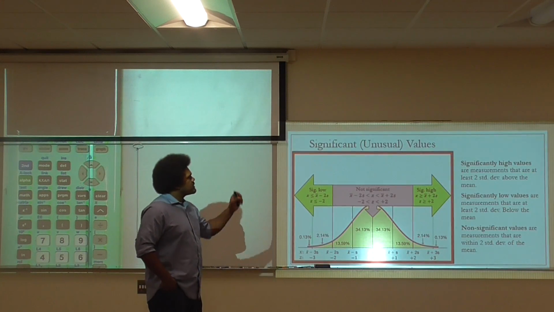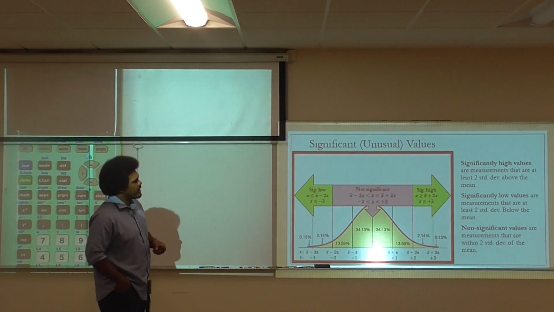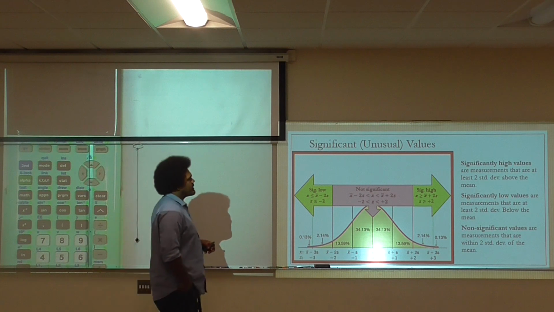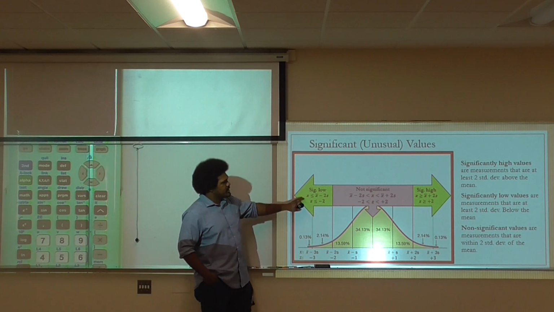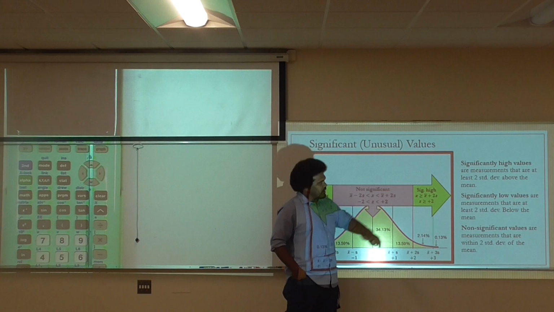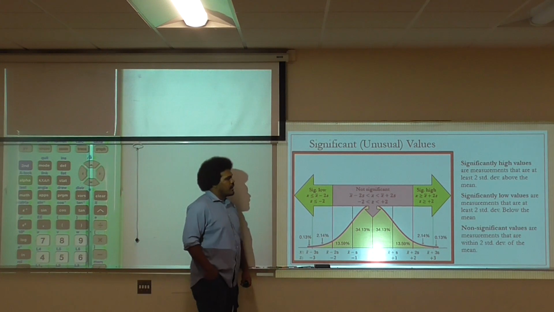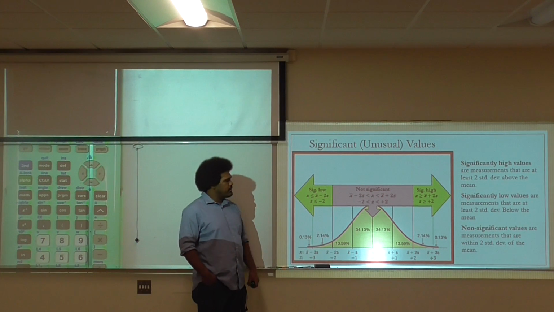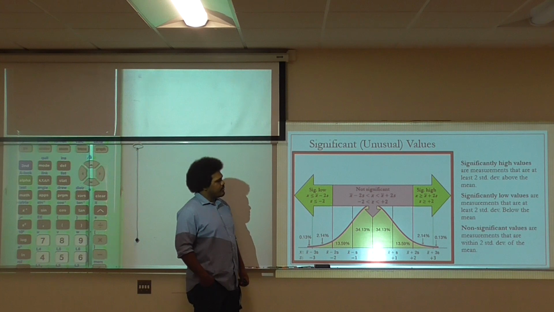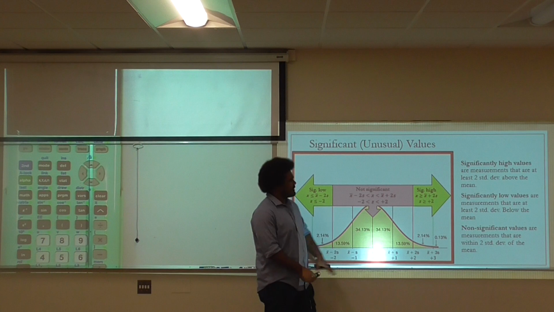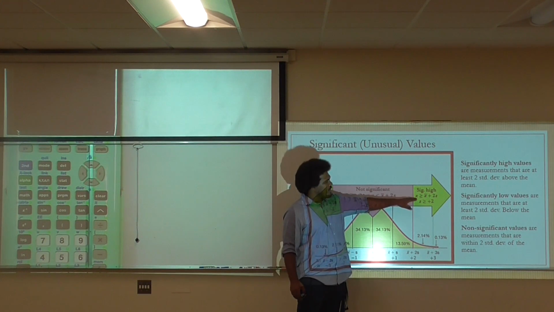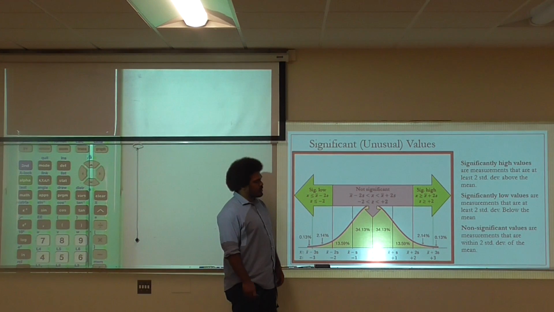But here we go. So significant values, aka unusual values, tend to range within the significant low region and the significant high region. So our general rule is, if you're using the range rule, if you can prove that the measures we see here are greater than or equal to 2 standard deviations away from the mean, to the right, then we know they're unusual values.